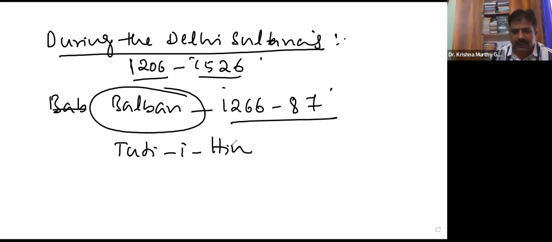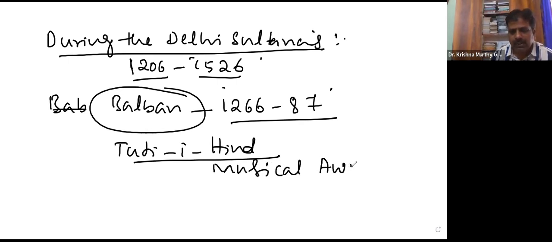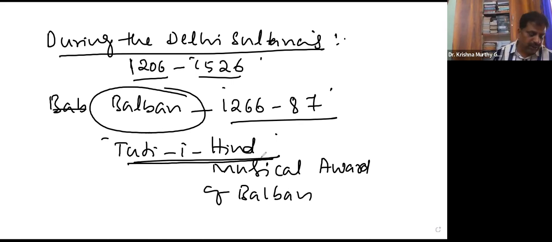Tuti Hind was a musical award of Balban. Any scholar or musician who received such a title, any Persian scholar who received such a title from Balban. Do you know that?